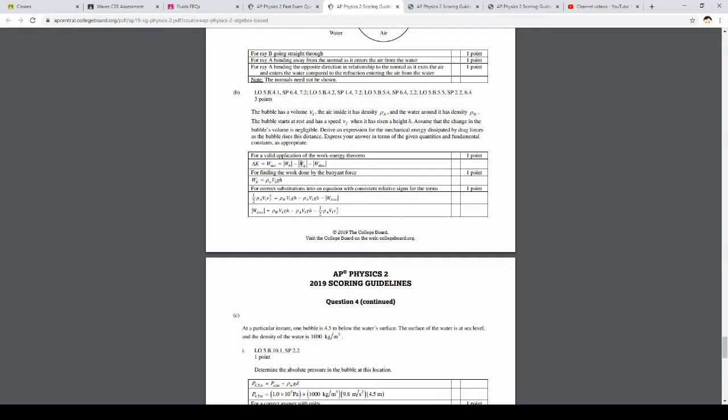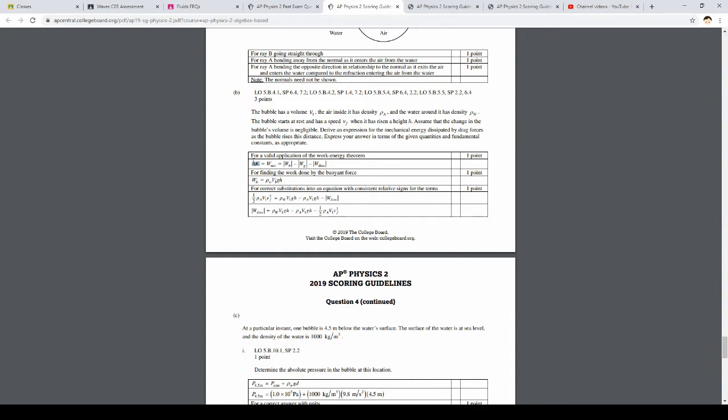The force opposing the work is the force of gravity, and also whatever force is causing that loss of energy. We need to find the work done by the buoyant force, which would be the buoyant force times the distance traveled. We need to correctly substitute into an equation with consistent relative signs.